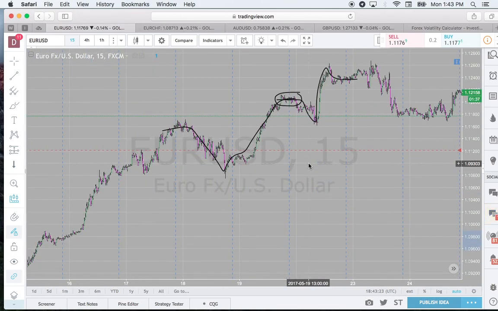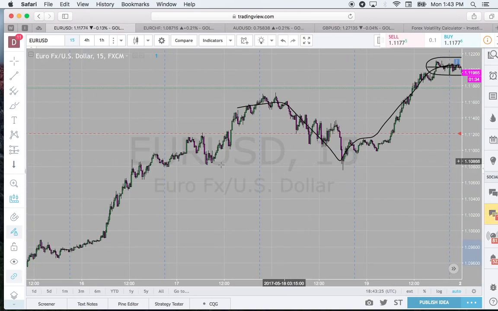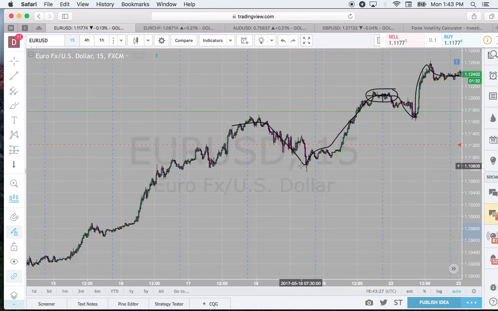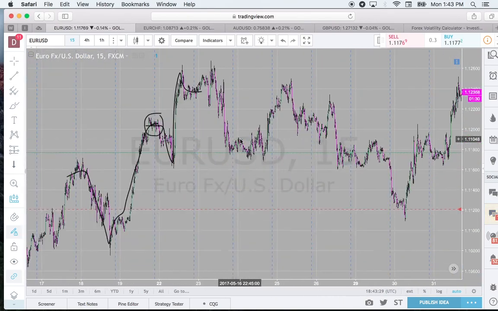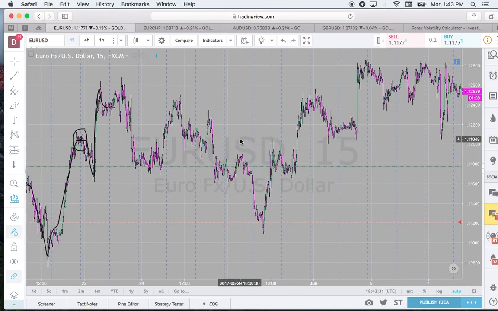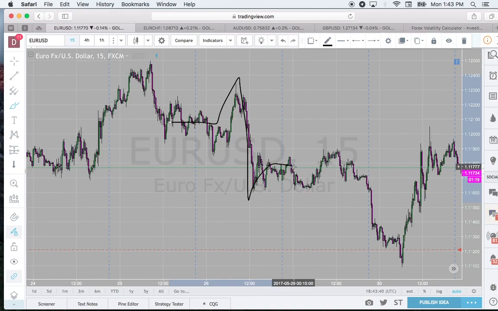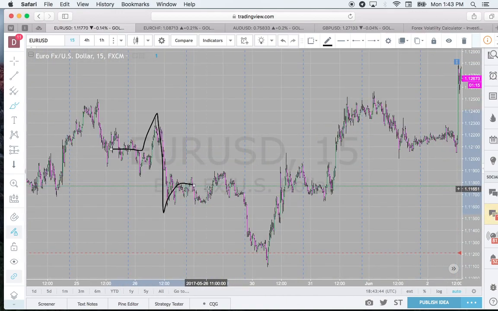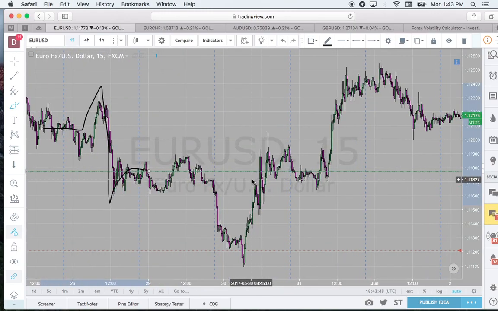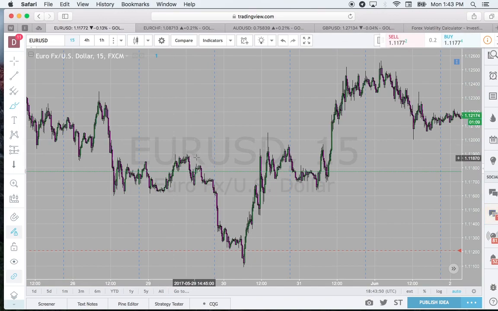Maybe you don't see exactly with clear eyes how the trends are being created. Okay? So this is what I want to show you guys, that there are these structures in the market that occur all the time. And they can be traded, and it's not impossible to trade this market.